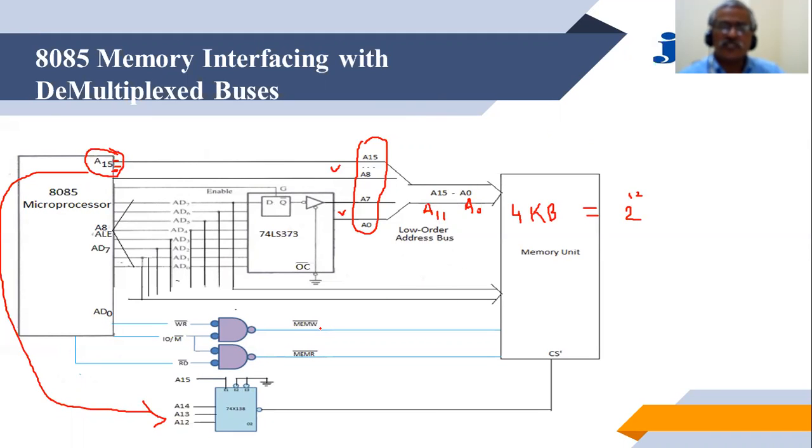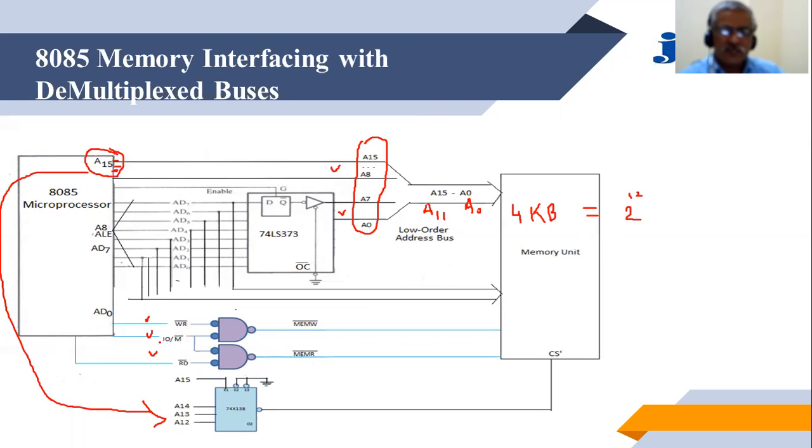The other control signals, memory read and memory write for the memory unit, are generated with the help of IO/M bar, which is directly available on the 8085, along with the read bar and the write bar. So these three pins of the 8085 connect to the control logic for generating the memory read and memory write signals.